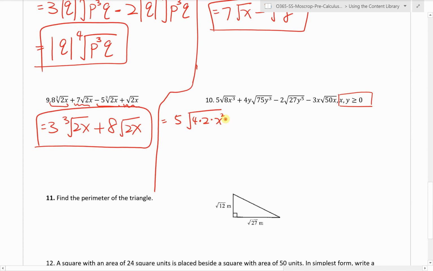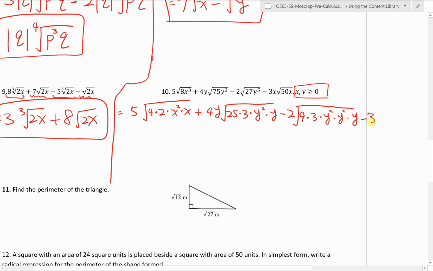Dot x squared dot x plus 4y. This is 25 times 3 times y squared times y minus 2. 27 is 9 times 3 times y squared times y squared times y. Finally, minus 3x. 50 is 25 times 2 times x.